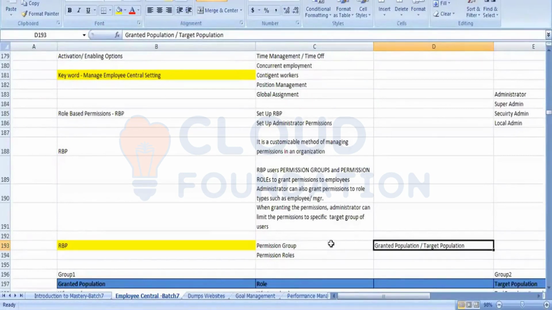So in that case, you will be acting as a granted population. Okay, so I am nominating you for Germany location and you are the person who can do the changes, modifications and everything in the employee data.